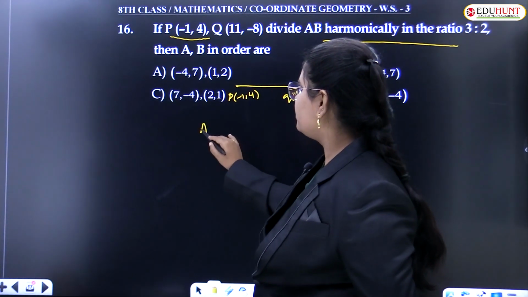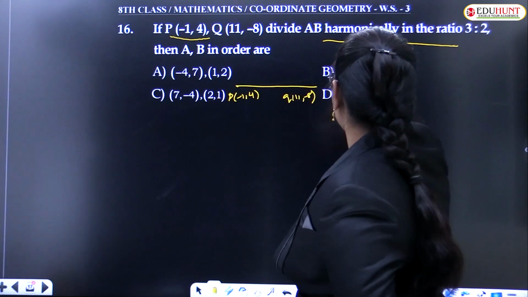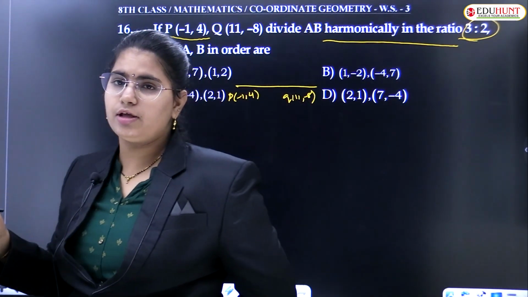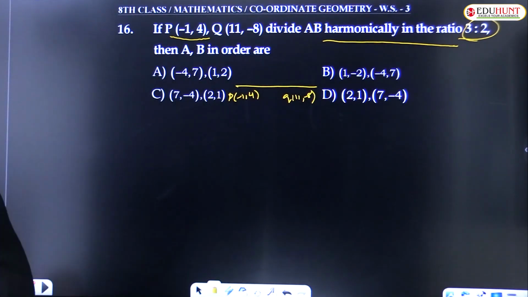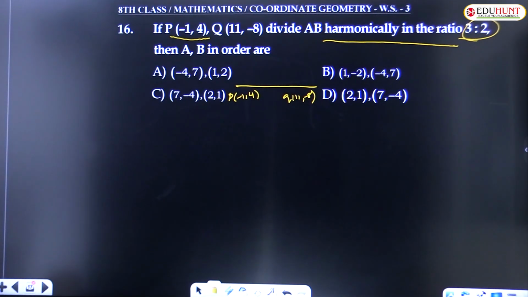Let's read out the question completely. P, Q divide AB harmonically in the ratio 3:2, then A, B in the order are what? Go through the question once. What did you understand from the question?